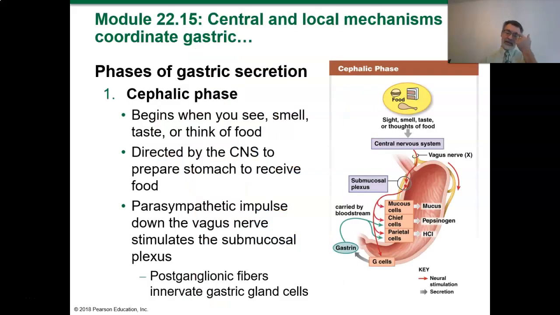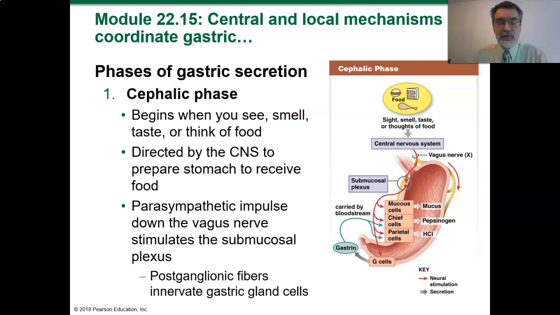So again, I think I jumped the gun a little bit talking about phases of digestion. Right, so the cephalic phase begins even before food enters my mouth. Just smelling, seeing, and tasting the food, that higher brain function of the cerebral cortex, gets you excited about food, and that excitement will help begin the process through the vagus nerve of stimulating my digestive system to prepare the stomach.